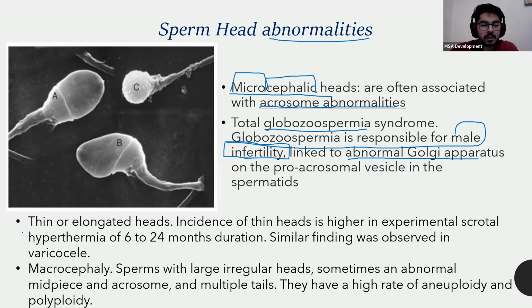Another abnormality is thin or elongated heads. It's highly associated with hyperthermia for a 6 to 24-month duration. Hyperthermia is basically an increase in temperature. I don't know if you studied this yet or not, but the location of the testes inside the scrotum is very significant for sperm development because it's located outside the body.